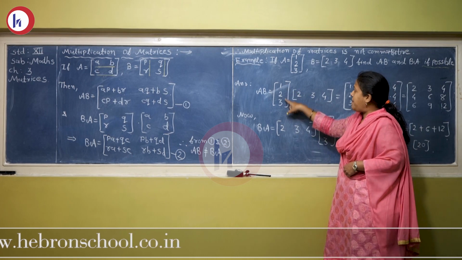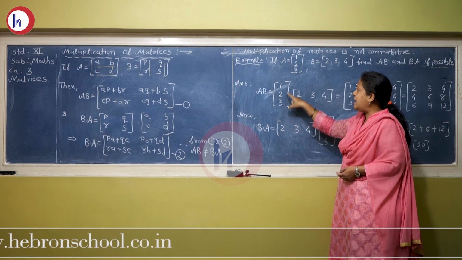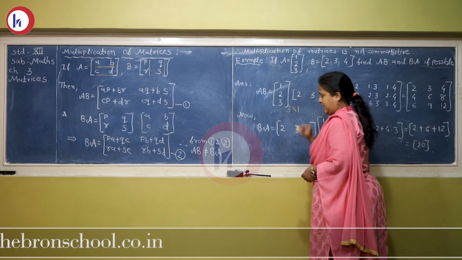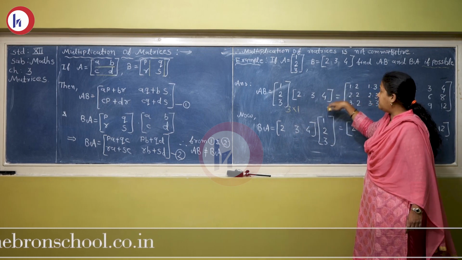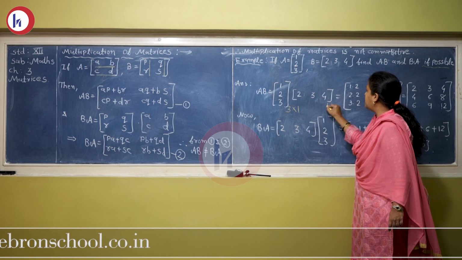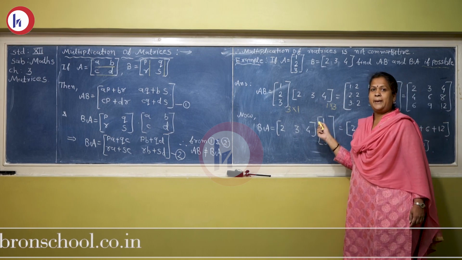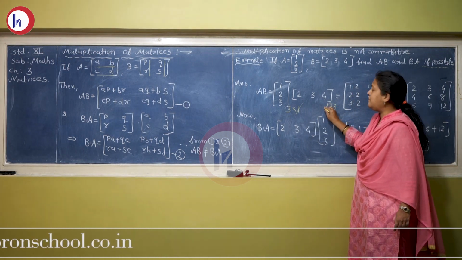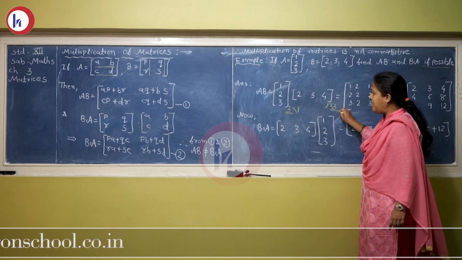This is the A matrix. Here there are 3 rows and 1 column, so it is of the type 3 by 1. And in the matrix B, there is 1 row and 3 columns, so it is of the type 1 by 3. Whenever we multiply these two matrices, the inner 1 and 1 will cancel and your final answer becomes a 3 by 3 matrix.